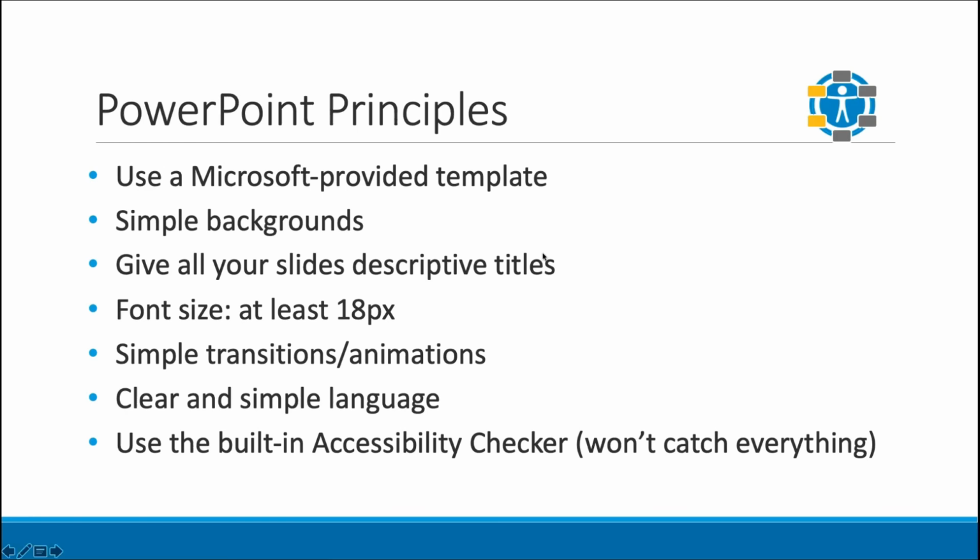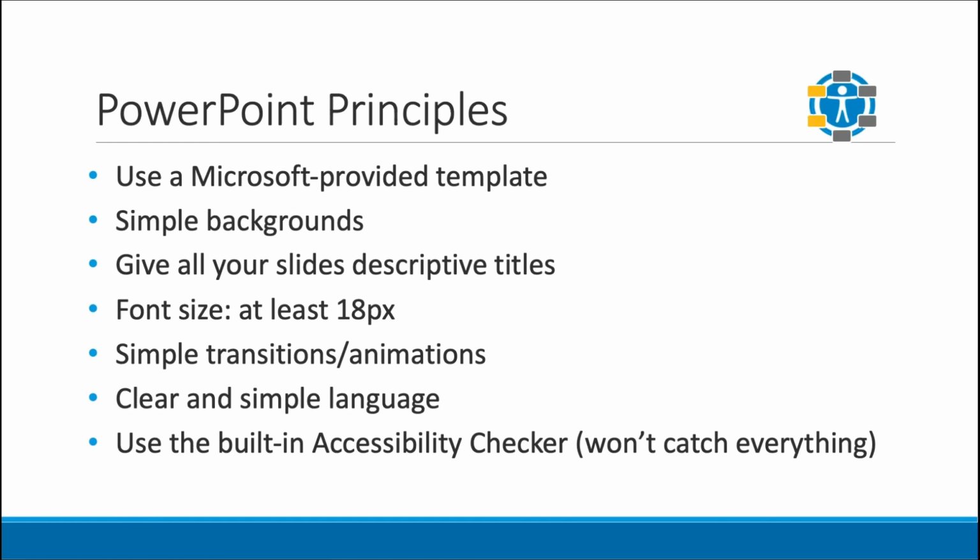Make your font size large enough so that people can read it. Use simple animations. There's a ton of fly in and fly out and gradient animations in PowerPoint. All those can really be super complicated and confusing, particularly if someone is a neurodiverse individual, and it can make things very difficult to follow.